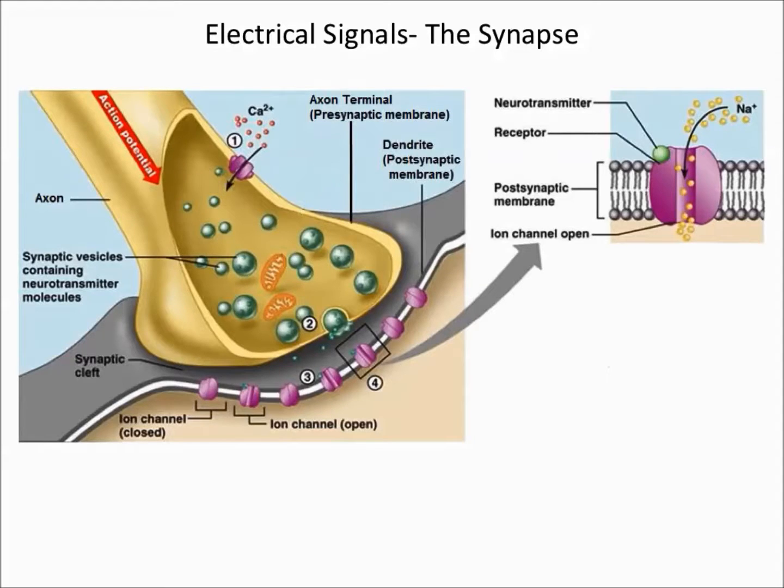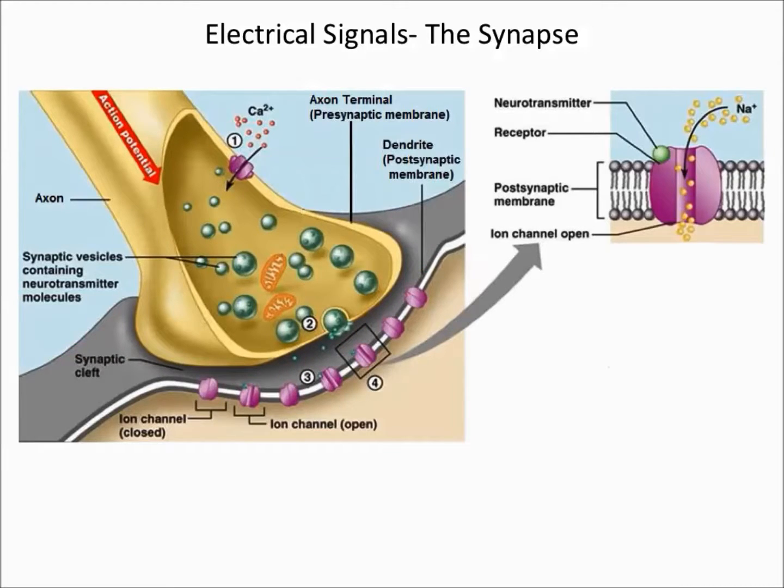This part right here is the presynaptic neuron or presynaptic membrane, so this would be the axon terminal of one neuron. This is the postsynaptic membrane of an adjacent neuron, so this would be either the cell body or the dendrite of that adjacent neuron. And in between the presynaptic membrane and the postsynaptic membrane is this space called the synaptic cleft.